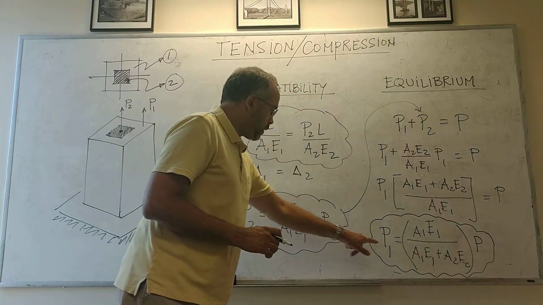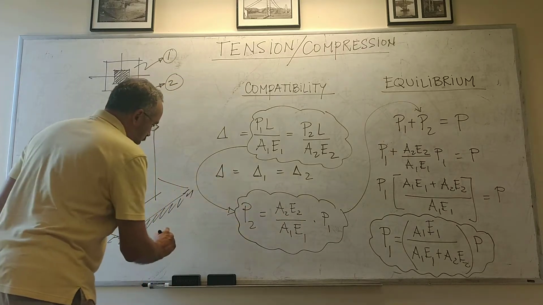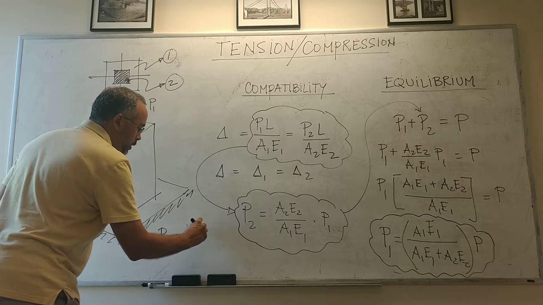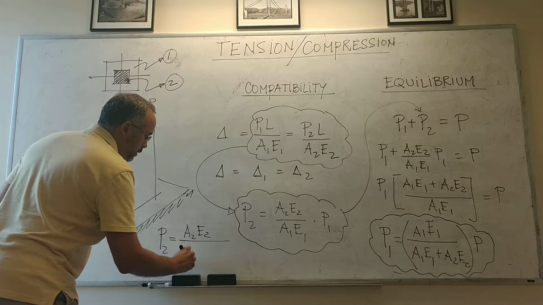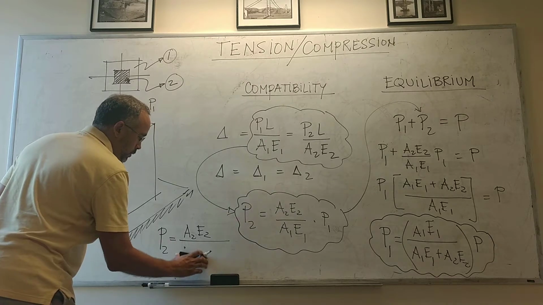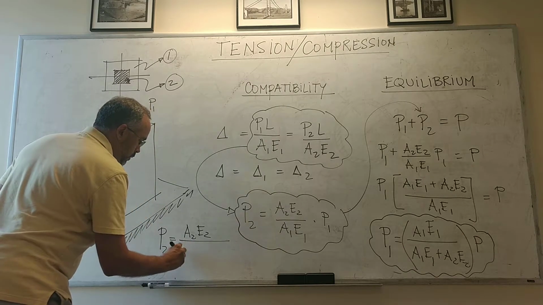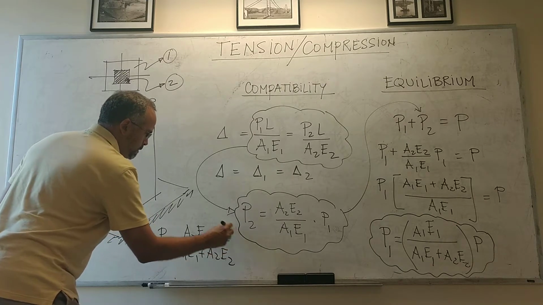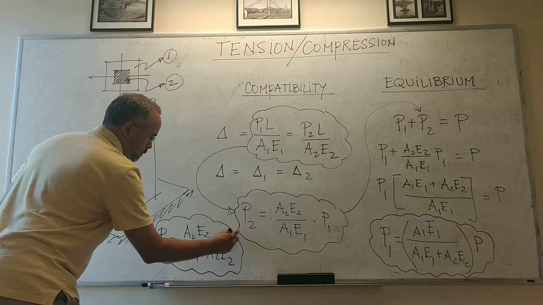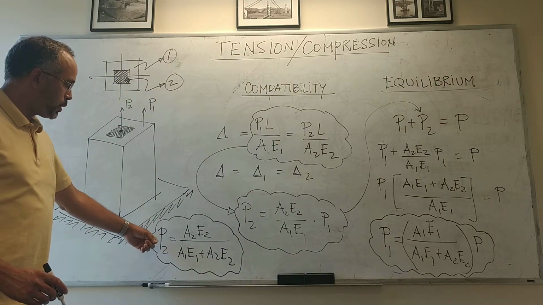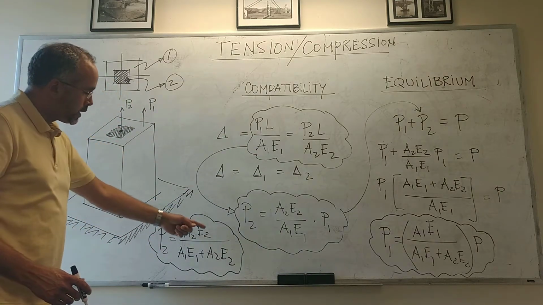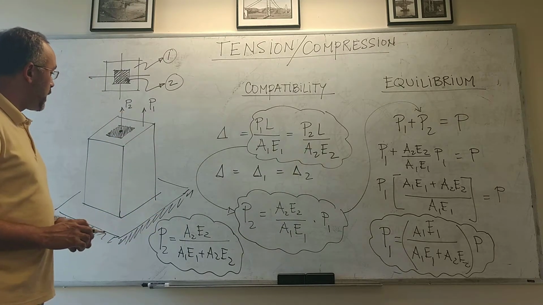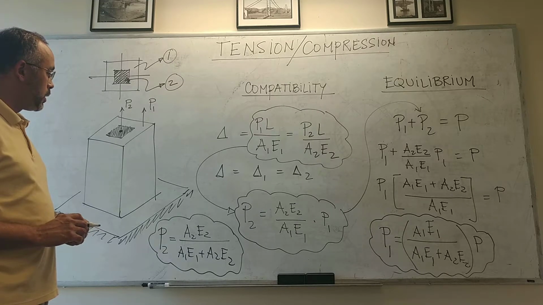We take this P1 and put it in here, then we can solve for P2, which gives us an analogous relationship that looks like this. So we get an expression for P2, which similarly to P1 is the axial stiffness of material 2 divided by the sum of the axial stiffnesses.